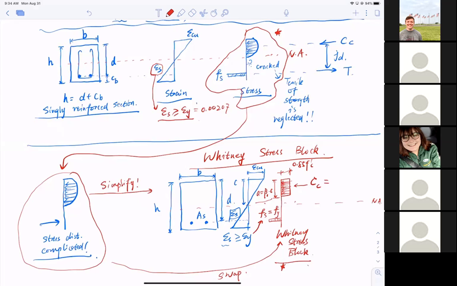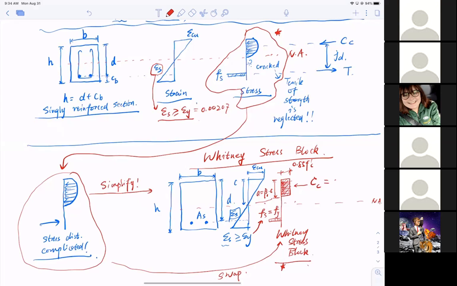So what's the area for this red rectangular Whitney stress block here? What's the area for it? It would be A times 0.85 F prime C. Yes. Is that done? Is that complete? Yes. Oh, then you'd have to subtract off the steel modulus, right?